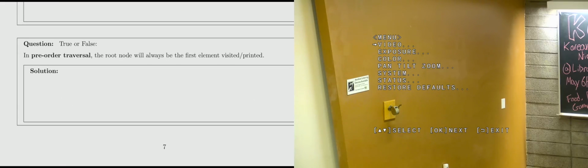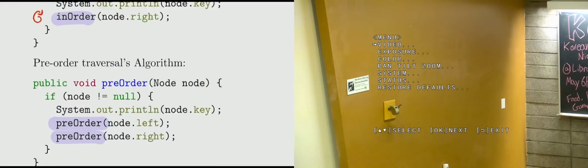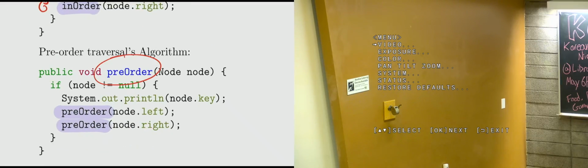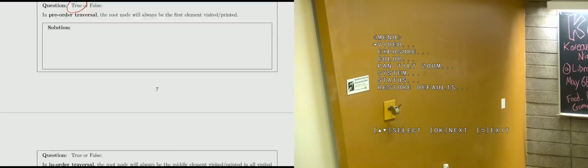Is that true? Yes, so that's true, right? Because whenever I do pre-order, without doing any traversal, I'm visiting this node already. So I'm already visiting the node before I traverse down the tree. So that one is true.